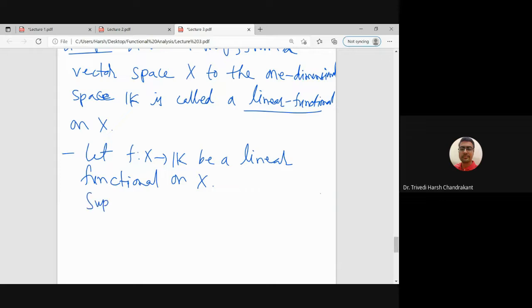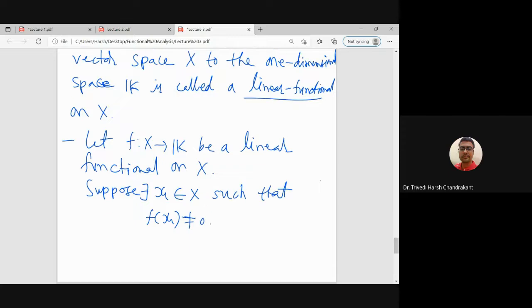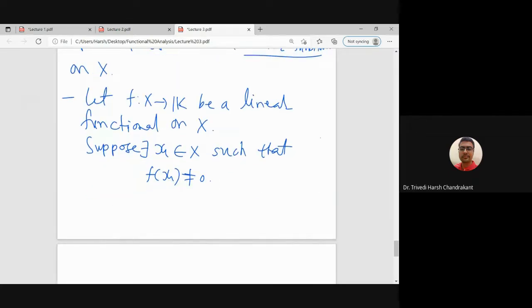That means there exists an element x1 in X so that at this point the function is non-zero. We know the range is one-dimensional, so the rank can be at most 1.